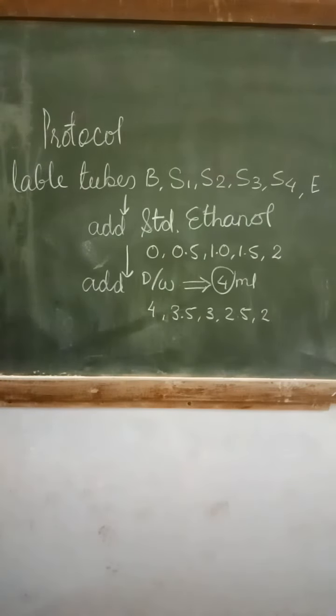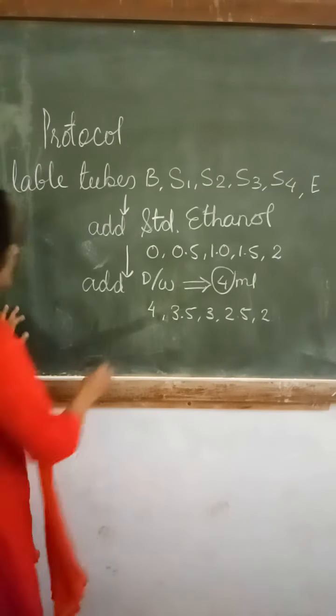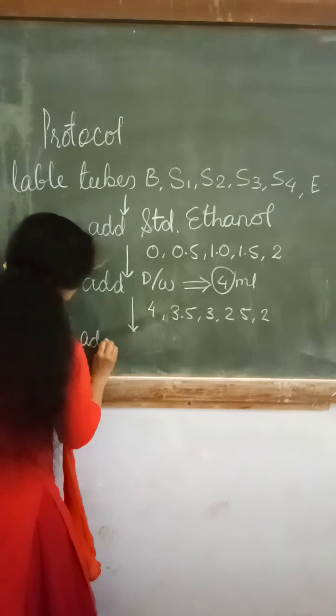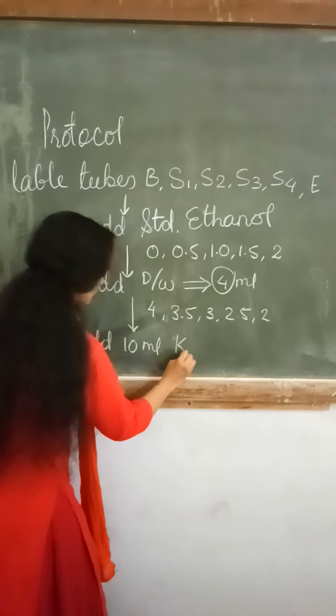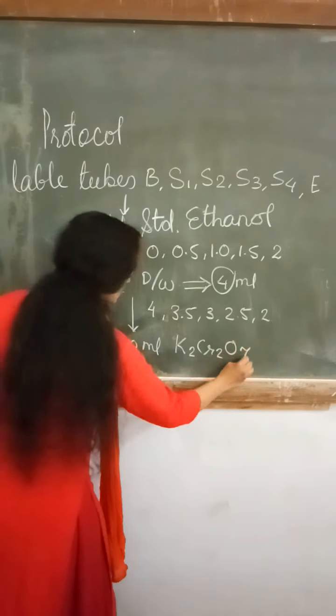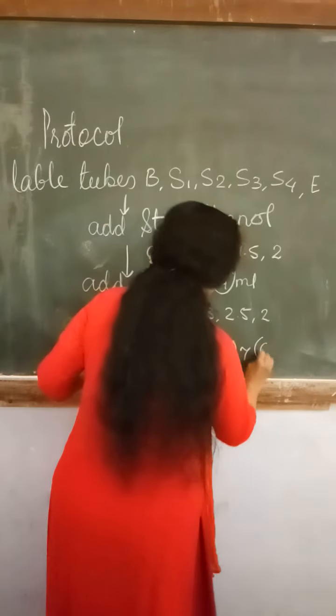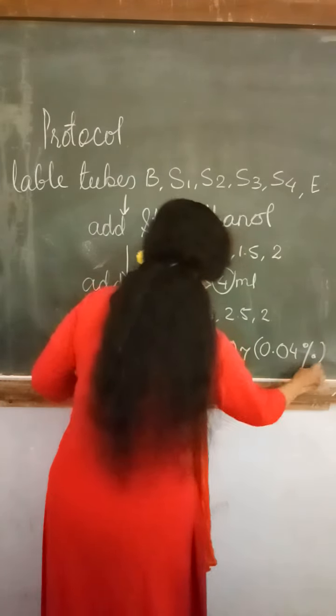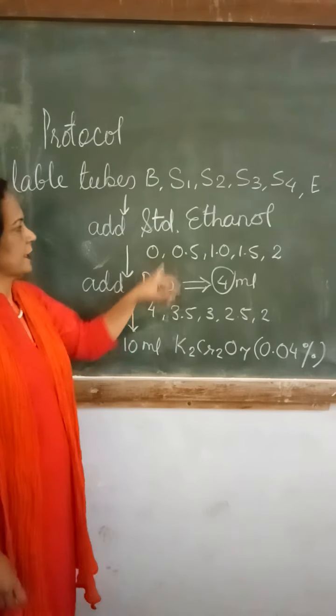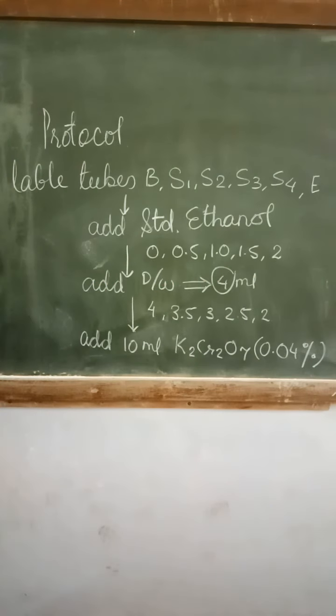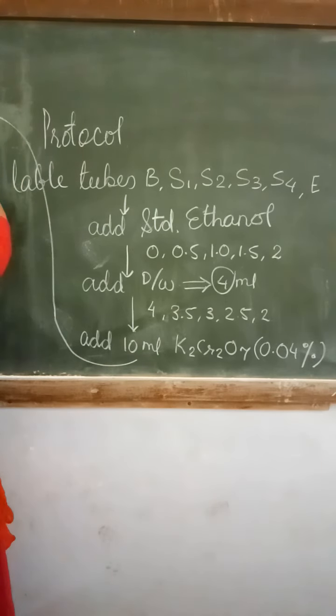After addition of the distilled water, you add 10 ml of 0.04% potassium dichromate solution to each tube. Then shake your tubes and incubate them for half an hour.